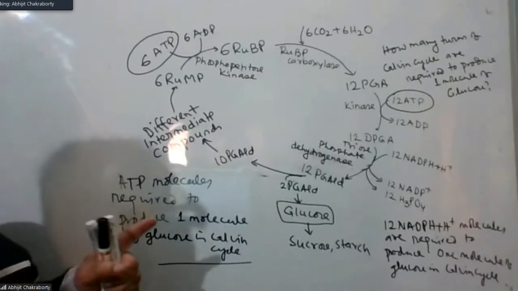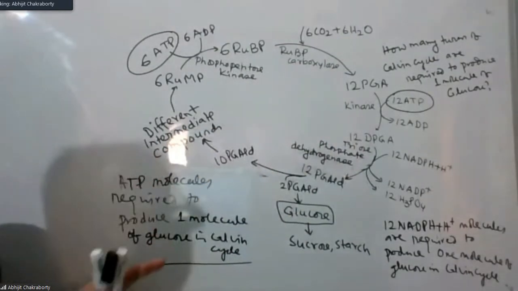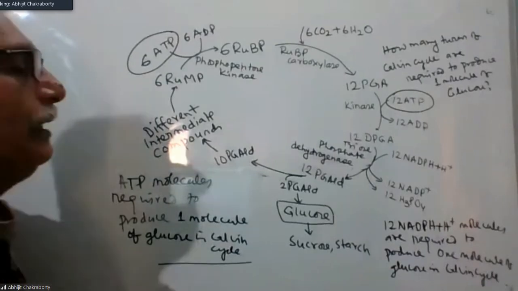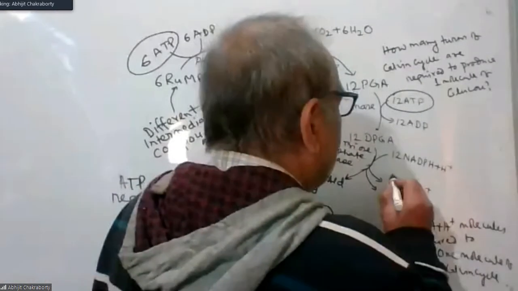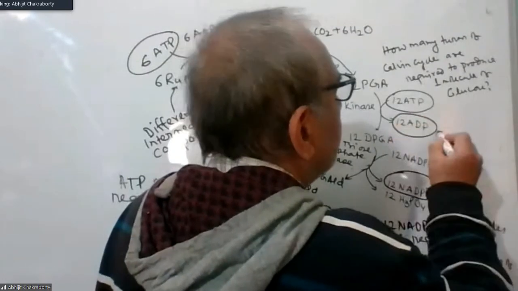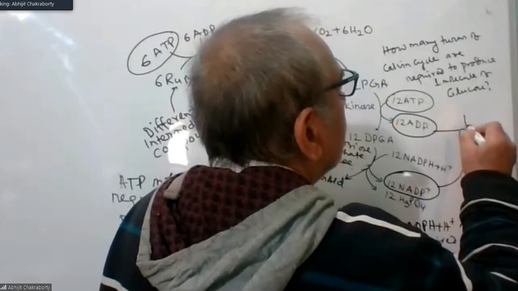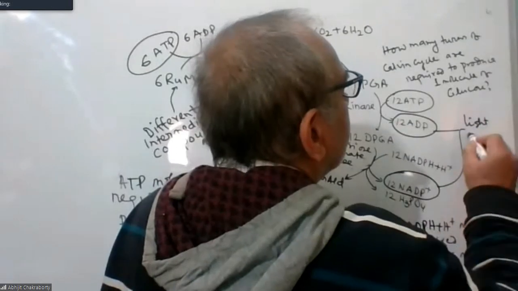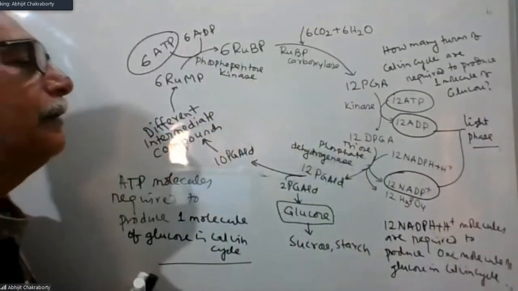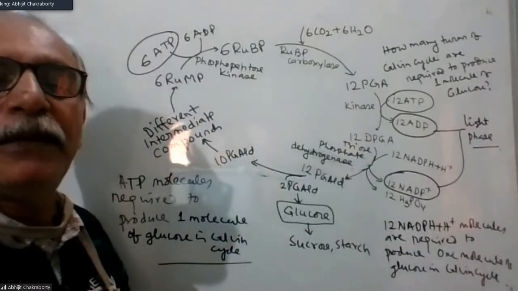So you need to remember the whole cycle actually. Questions may come from any part of it. This NADP is required in the light phase. In this way, the light phase is also dependent on the dark phase.